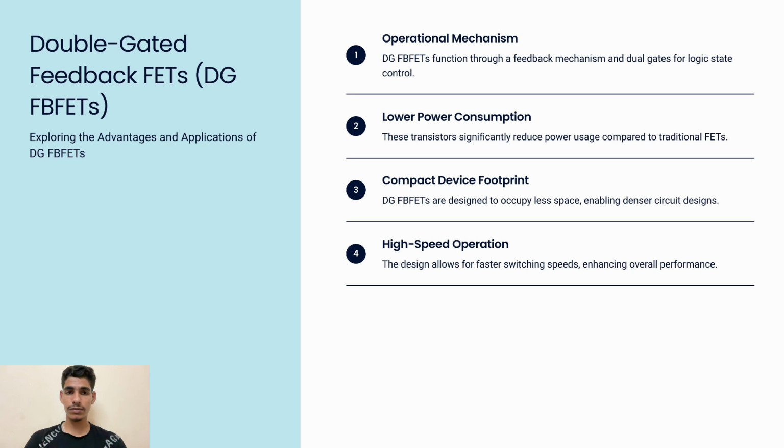The double gate allows greater control over the states, enabling more efficient computation. The technology also helps in lowering power consumption and reducing the size of devices, which are important advantages for modern electronics. Double gated feedback FETs consume less and less power compared to ordinary field effect transistors. That's why we are using DGFBFETs more than FETs.